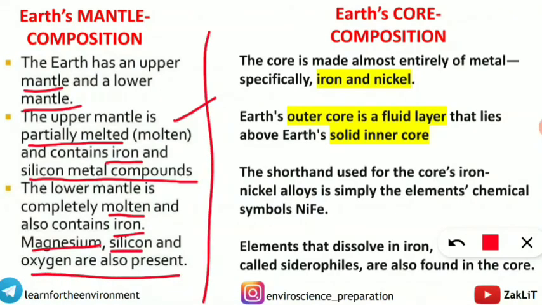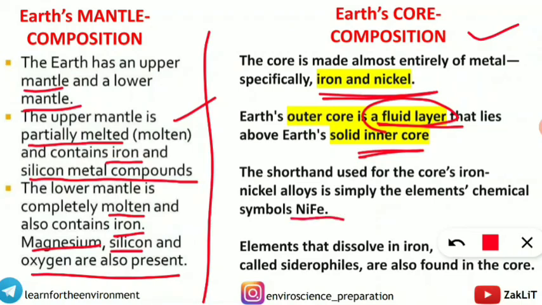Mantle's composition. Coming to the core region, the core is made almost entirely of metal, specifically iron and nickel. Yes, iron and nickel make up most of the composition of Earth's core. And you should know Earth's outer core is a fluid layer that lies above the solid inner core. So the inner core is solid in nature and the outer core is fluid in nature. In shorthand, nickel and iron, we can say NiFe, nickel Ni, iron Fe.